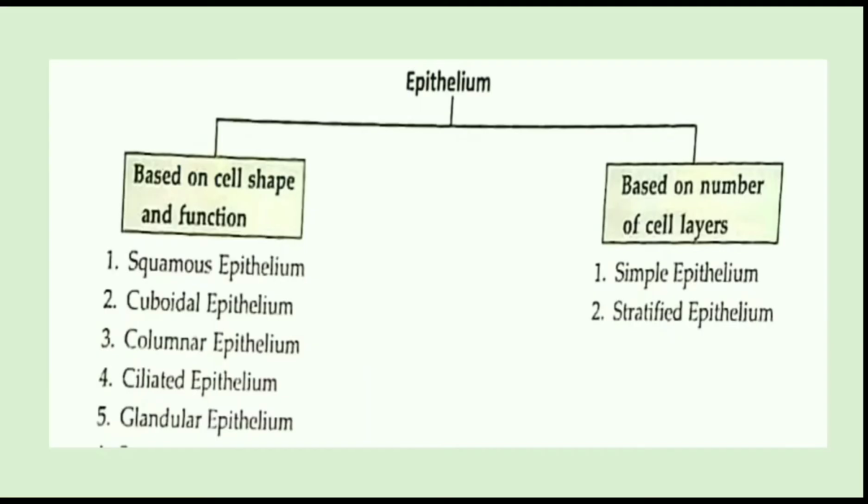Epithelial tissue is divided into two parts. The first category has five main types of epithelial tissues, based on their cell shape and function. They are squamous epithelium, cuboidal epithelium, columnar epithelium, ciliated epithelium, and glandular epithelium.